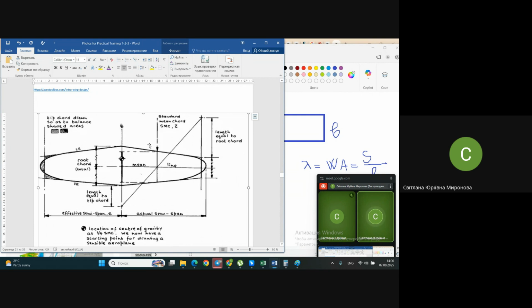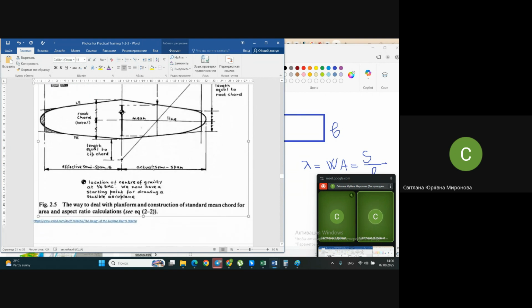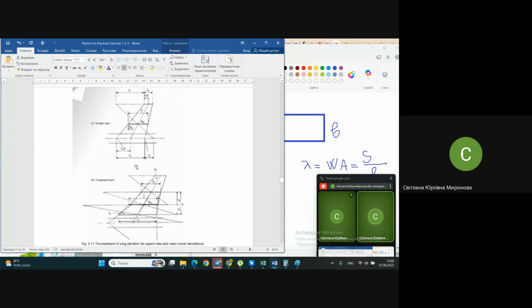Another way is to obtain it geometrically, for the picture of the real wing that you have, with some additional construction. This construction may help you understand the value of the mean chord and where it is, because depending on the shape of the wing, it will be at a different distance from the center of the wing. For some calculations, it's important.